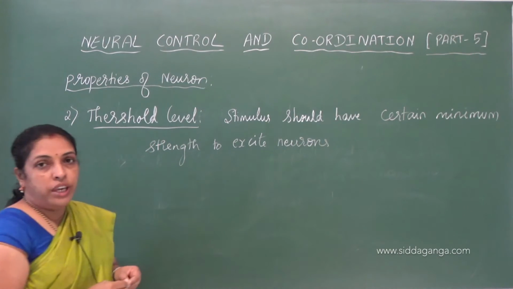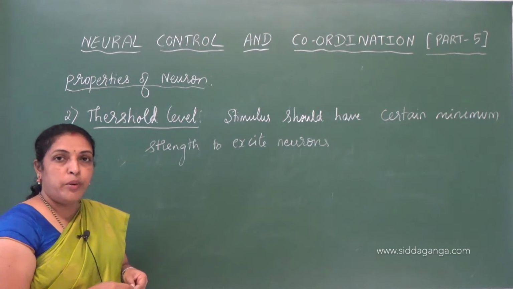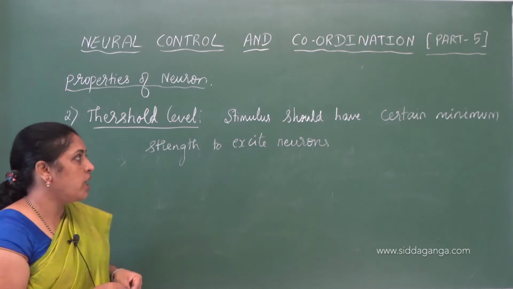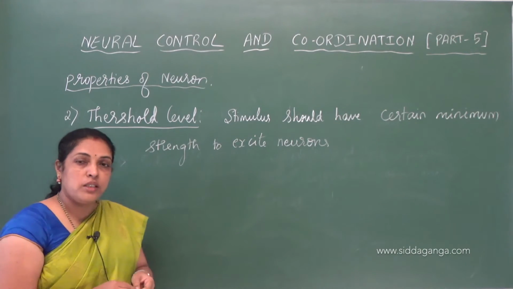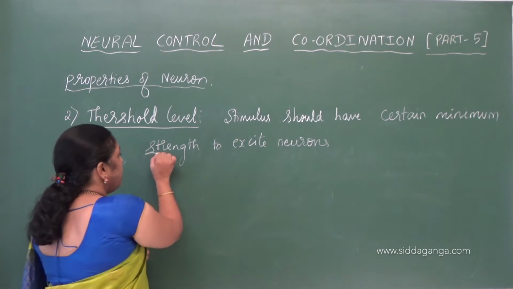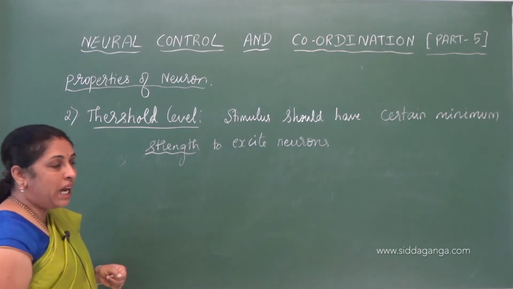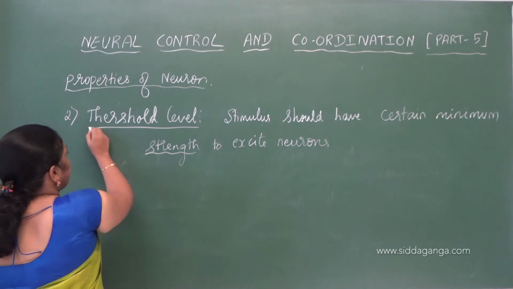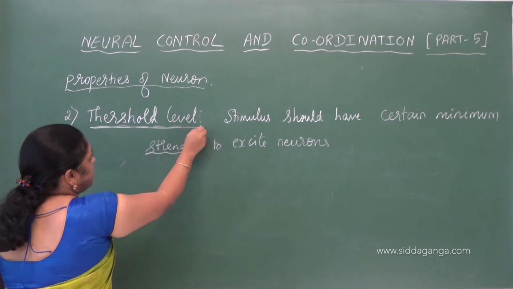A weaker stimulus will not be able to excite neurons. That strength is called threshold level.